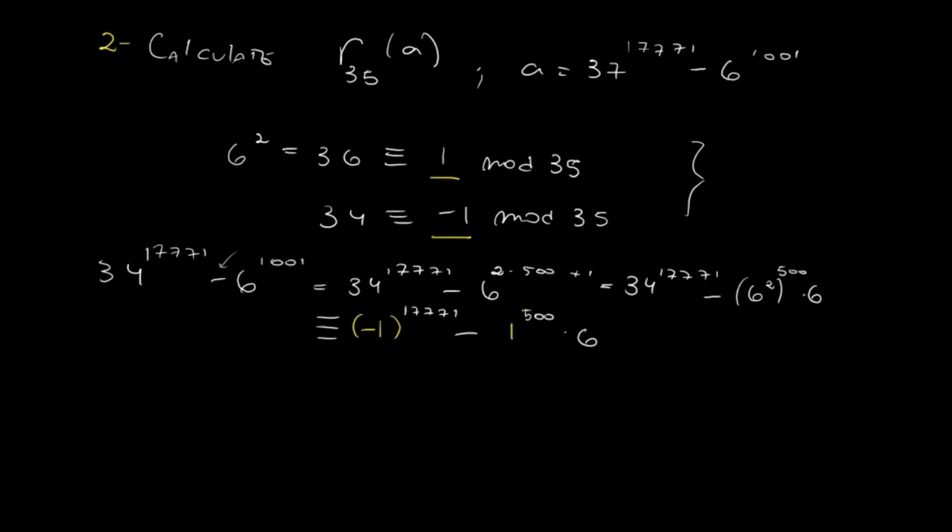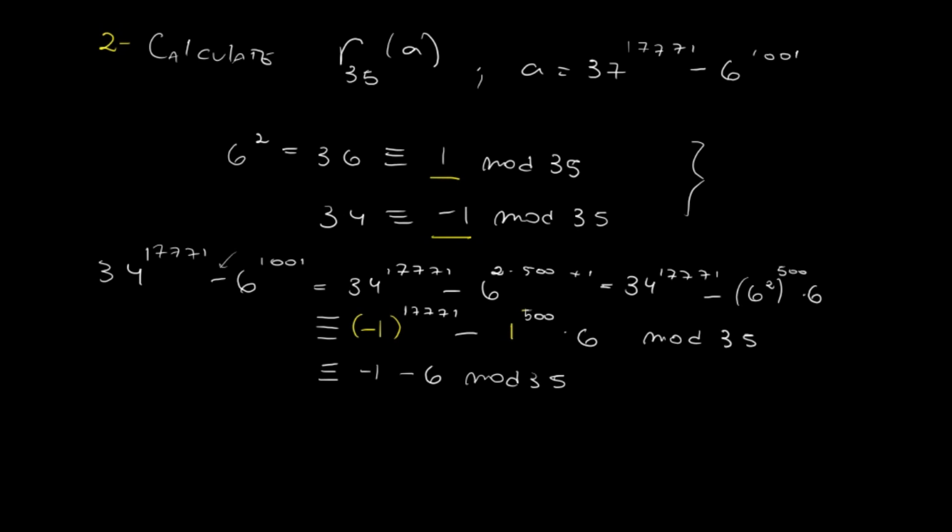So when we do these operations, we have this long number is congruent to minus 1 minus 6 modulo 35, and I forgot to write it here, modulo 35.